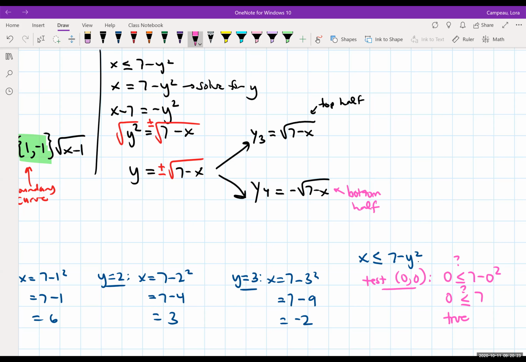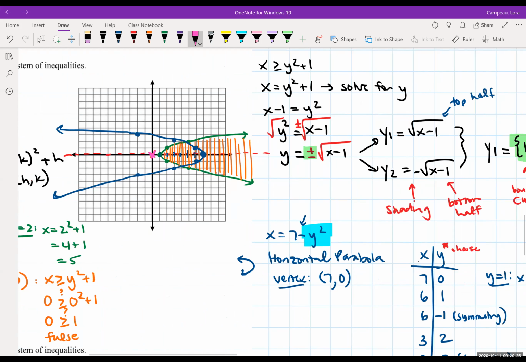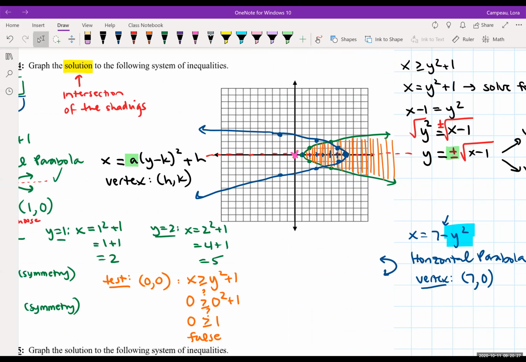So if we have a true statement, we shade the region containing the test point. So you could see how the shading is going. I'll shade maybe the perpendicular direction, maybe horizontal lines. It's also pretty, but we're getting the idea. So we know we're shading the inside of this particular parabola.